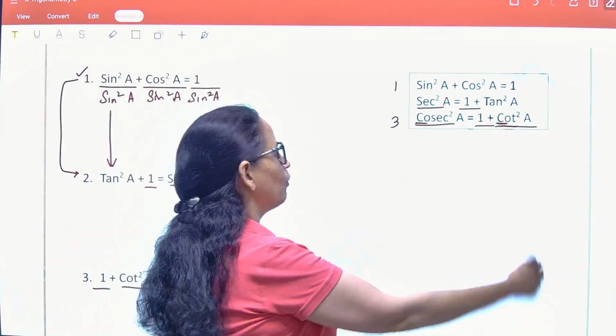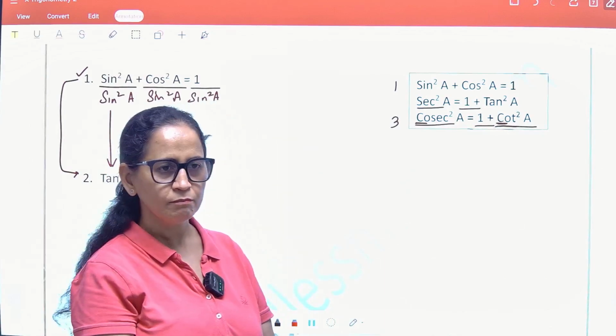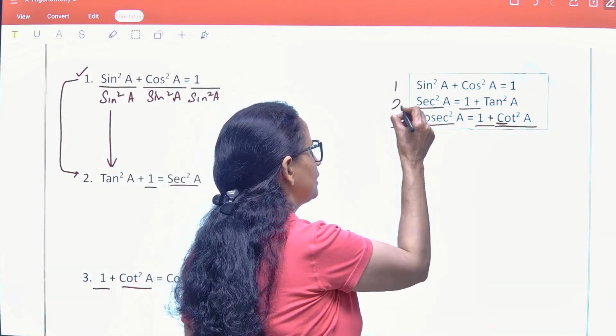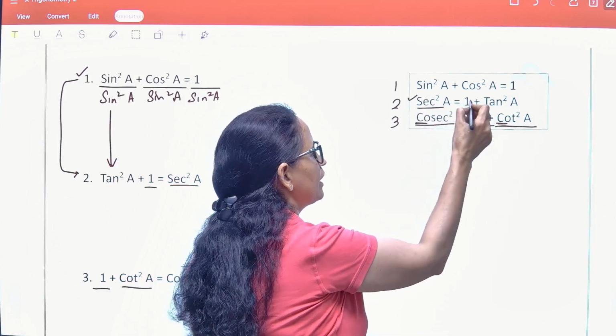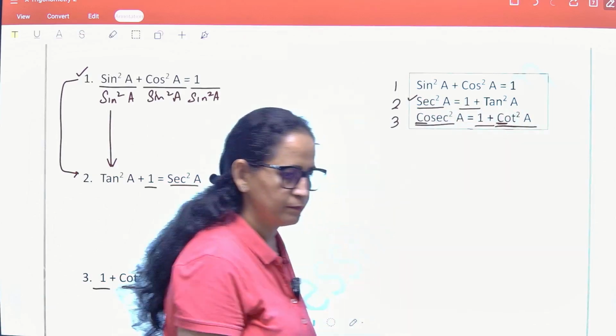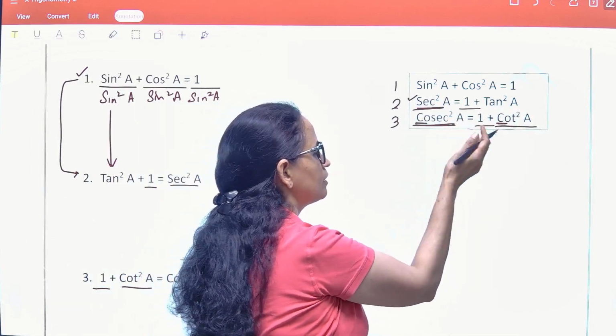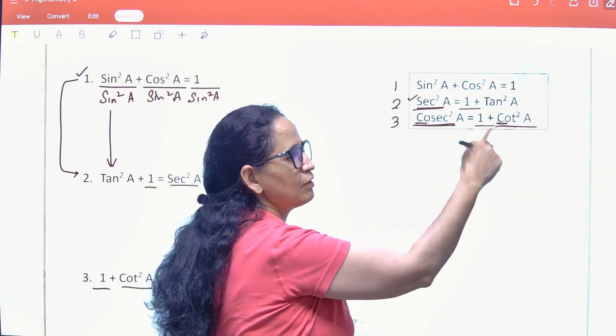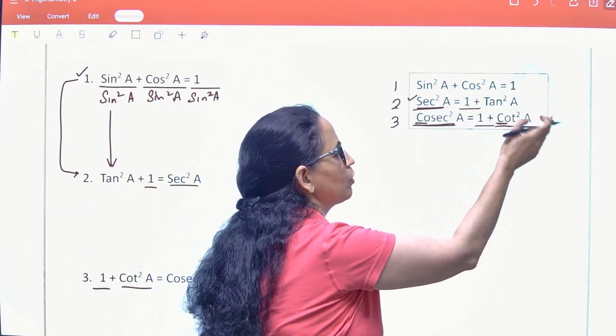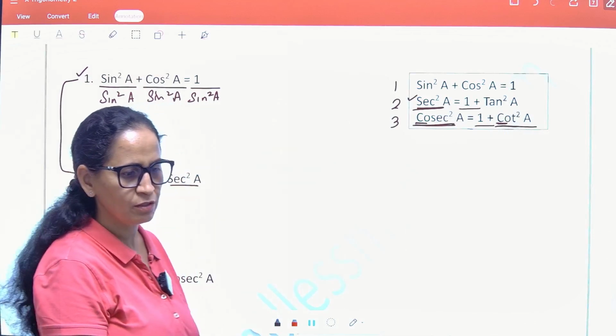Wonderful. What is left out is tan A. So the second identity is sec square A equals 1 plus tan square A. So in the second and third identity, secant and cosecant are on the left side, and on the right side we have 1 plus the corresponding ratio, the other ratio, right?